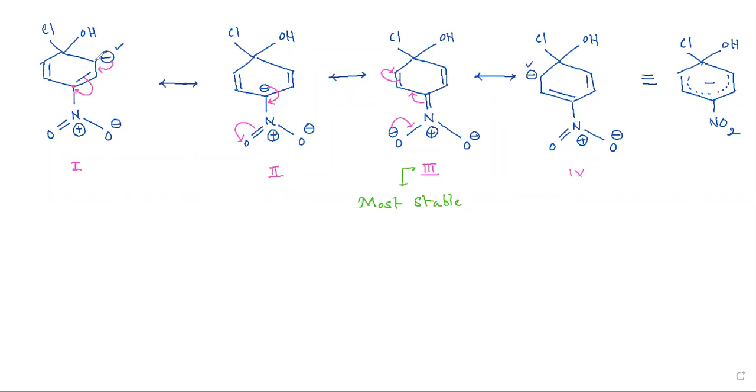But see, here you got a negative charge on carbon. Even here also it is there on carbon. Even here also it is there on carbon. But the only resonance form where you got negative charges on the highly electronegative oxygen atoms is the third one. So this is the most stable form.